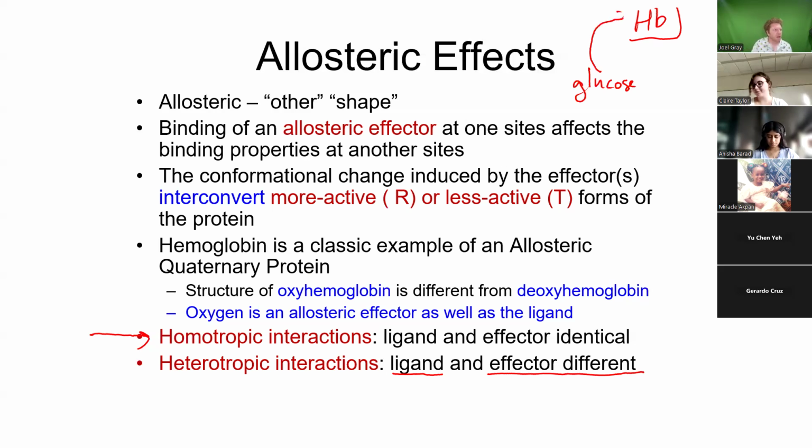If glucose were to bind to hemoglobin and cause hemoglobin to have an altered affinity for O2, then we would say, well, glucose is a heterotropic effector, or it has a heterotropic interaction with hemoglobin. Okay. Can I get a number if you follow that, or a letter if no, that doesn't add up?